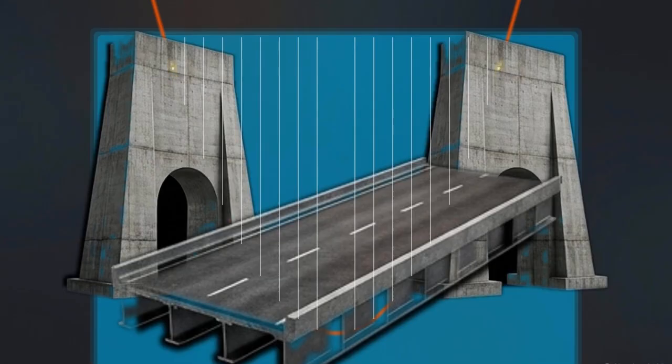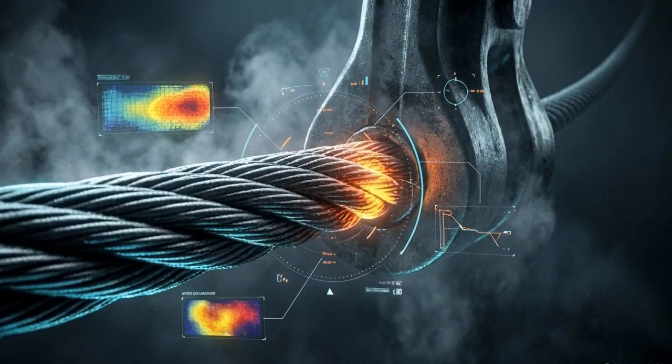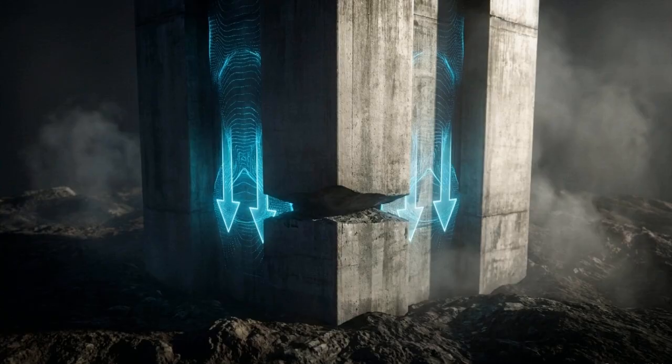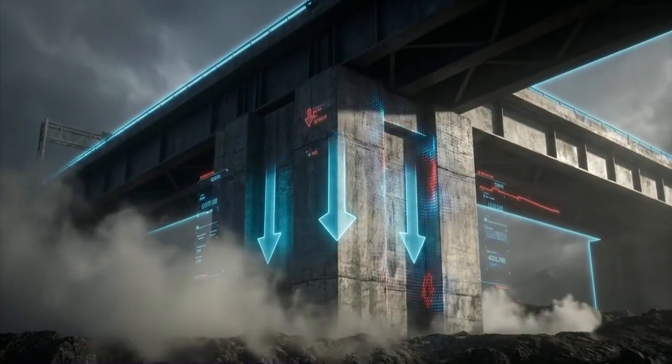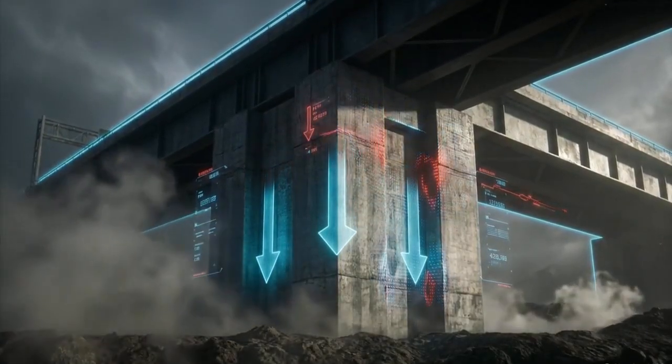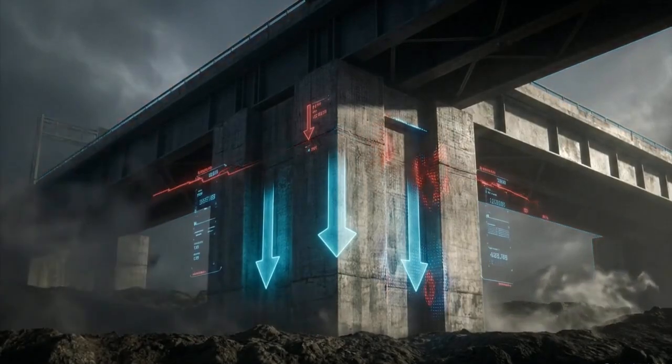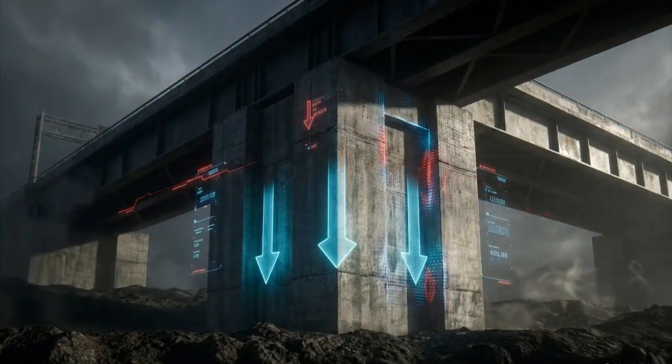But tension is only half of the physical equation. Every pound of pulling force suspended in those cables must be counteracted by an equal force pushing down. Every enduring piece of infrastructure exists in fragile equilibrium, caught perfectly between the upward pull of tension and the crushing downward force of compression.